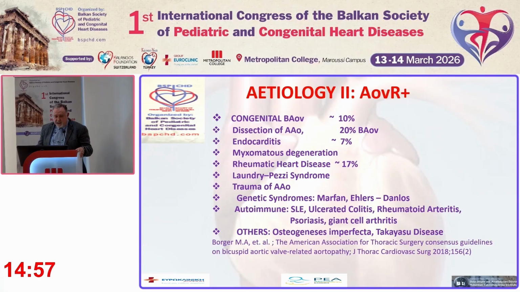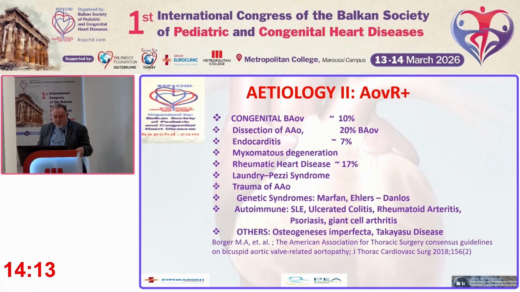Coming to aortic valve regurgitation, congenitally the etiology is about 10% in patients with a bicuspid aortic valve. Dissection of the ascending aorta occurs in 20% of patients with a bicuspid aortic valve. Endocarditis is also a very common etiology for regurgitation, as is myxomatous degeneration of the cusps of the valve. Rheumatic heart disease accounts for 17%. Laubry-Pezzi syndrome is a condition with a specific type of perimembranous VSD with aortic valve regurgitation.